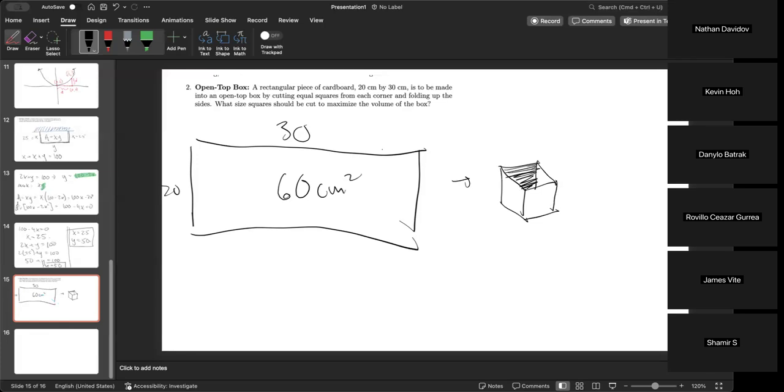Open top means that there's no lid. So this is not there. You remove that one. So how many sides are there here? There are 5 sides.